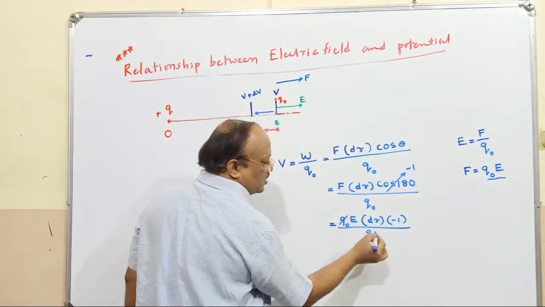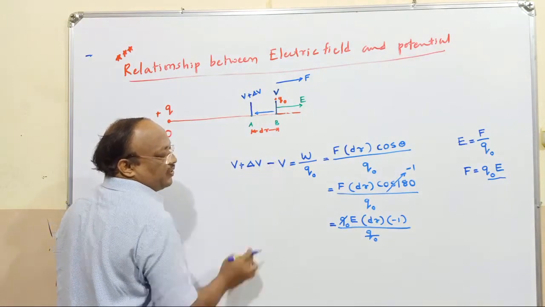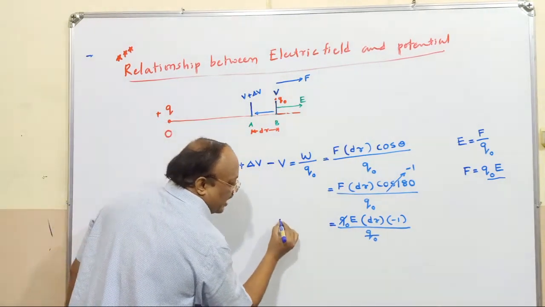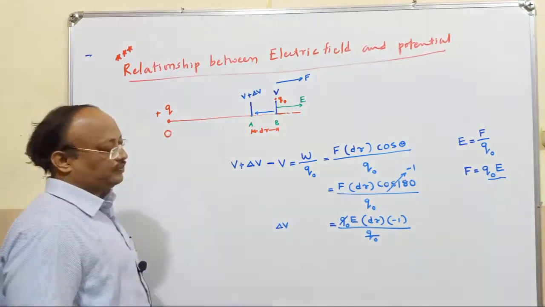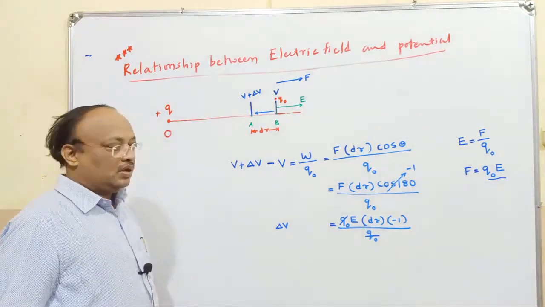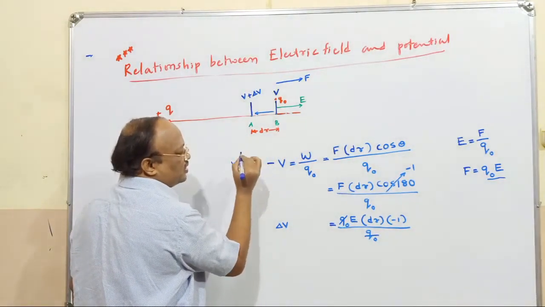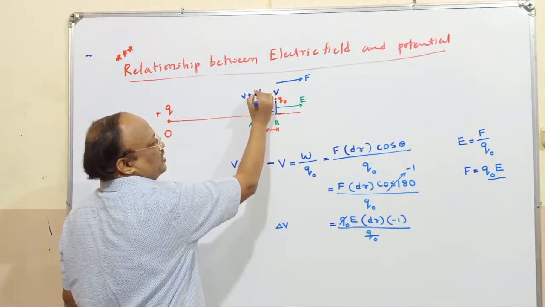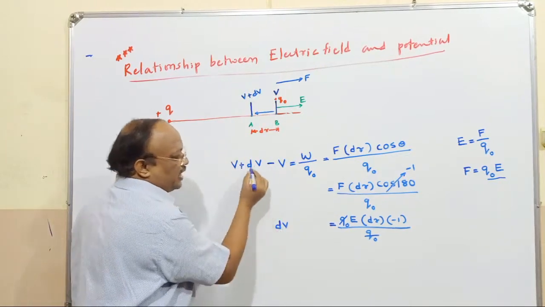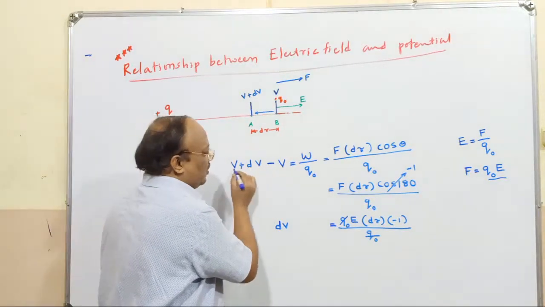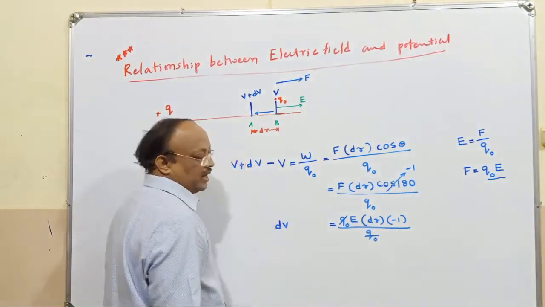This Q naught and this Q naught cancel, and here it is V plus dV minus V. If I take this small change as V plus dV minus V, I am getting it as dV.